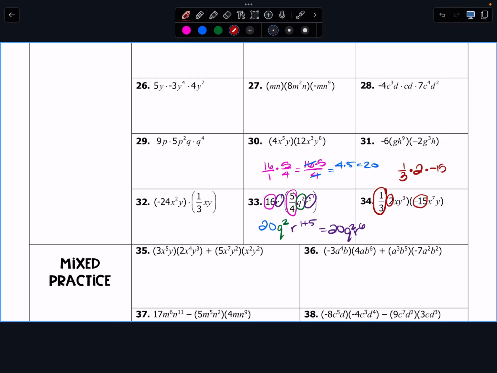Okay, so I need to multiply all my numbers together, which is 1/3, 2, and -15. I'm sure Aiden already got the answer, but I can go ahead and reduce, and I can get -10.